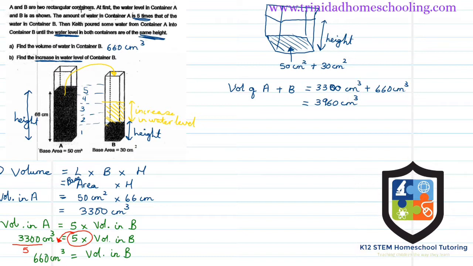So let's look at what we have, keeping in mind the formula for volume. We have a total area. This total base area here, 50 plus 30, will give us 80 centimeters squared. So we have a total area and a total volume. Now let's try to find what this height is.